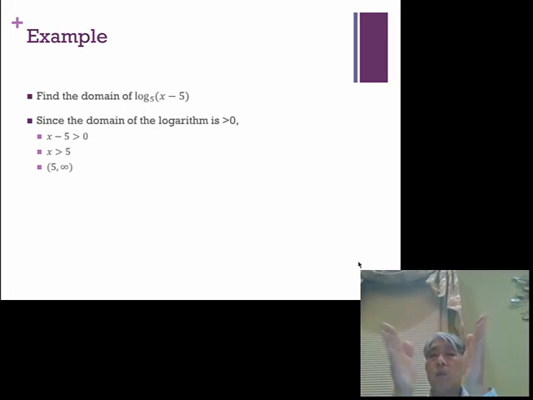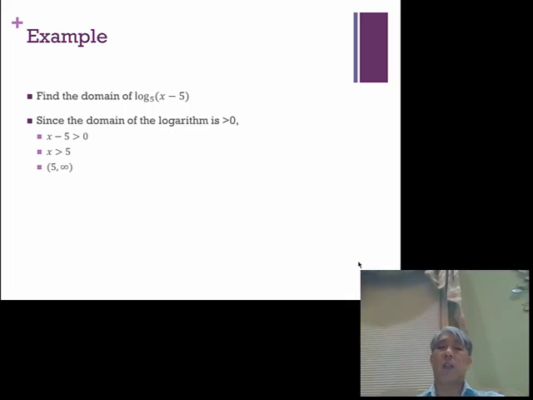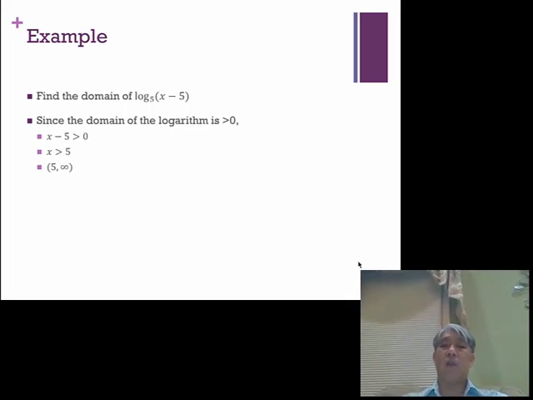So we're just moving it to the right or to the left, in this case 5 units to the right. If it was just log base 5 of x and then minus 5 outside of the parentheses, we're basically translating it vertically by 5 units. But in this case we're translating it to the right 5 units.